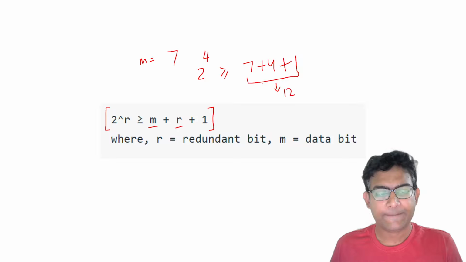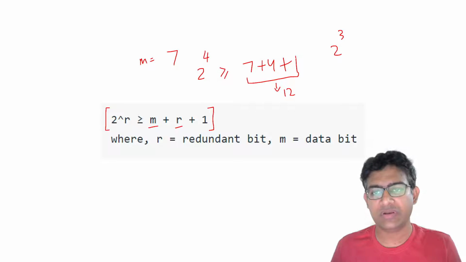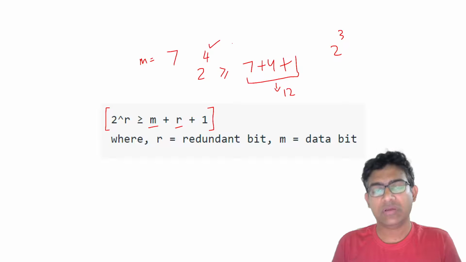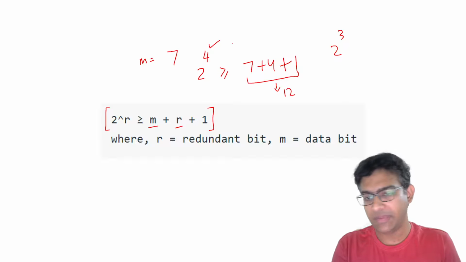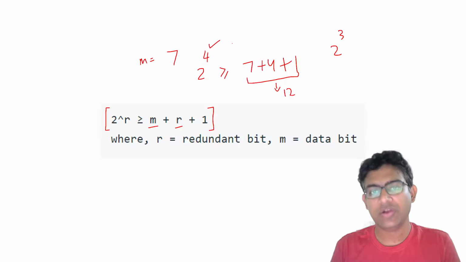So 3 would not have done it because 2 to the power 3, which is 8, is not greater than or equal to 7 plus 3 plus 1, which is 11, right? But 4 will do it. So we need at least 4 bits of redundant data added to the 7 bits of data here to be able to generate a Hamming code.